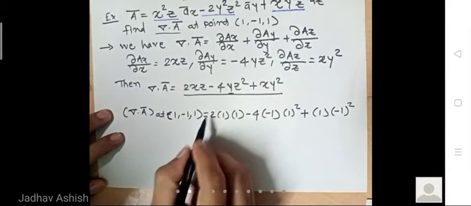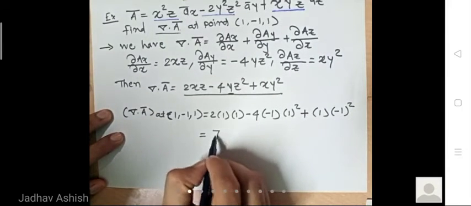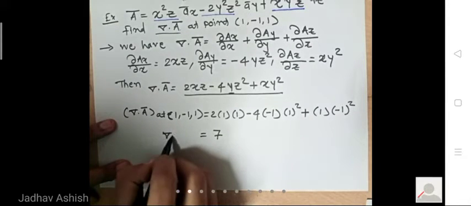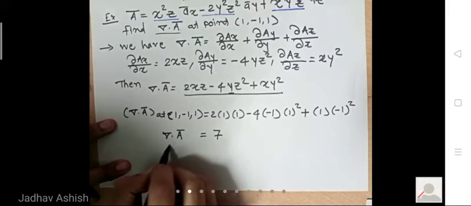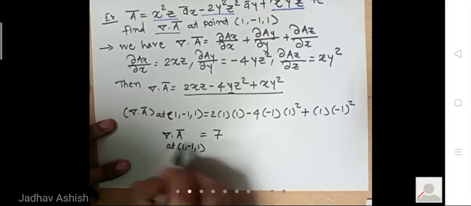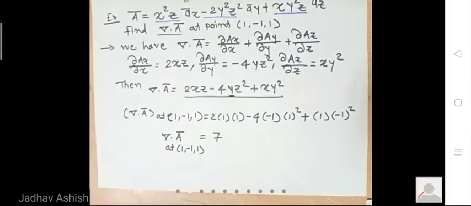So if you calculate this, you will find the answer 7. Del dot A bar at 1 minus 1 1, answer is 7. Hope this is clear.